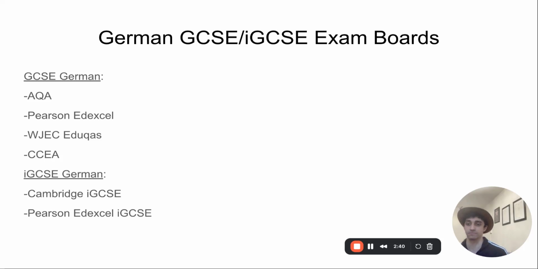Please also be aware that the syllabus and the formats for specific exam boards do change over time. So it is useful to check the website for your exam board once you know which one you're taking, and to make sure what the latest format is, so that you're aware as closely as possible of what the exams are going to be like to maximize your preparation.